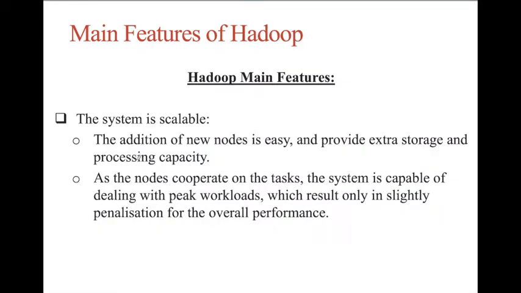We can easily add new nodes. For example, let's say that we are working with 20 machines and we see that we need more capacity, more processing power, then we can just increase the number of nodes that we have. And then the nodes are going to cooperate and share information in order to deal with the situation.